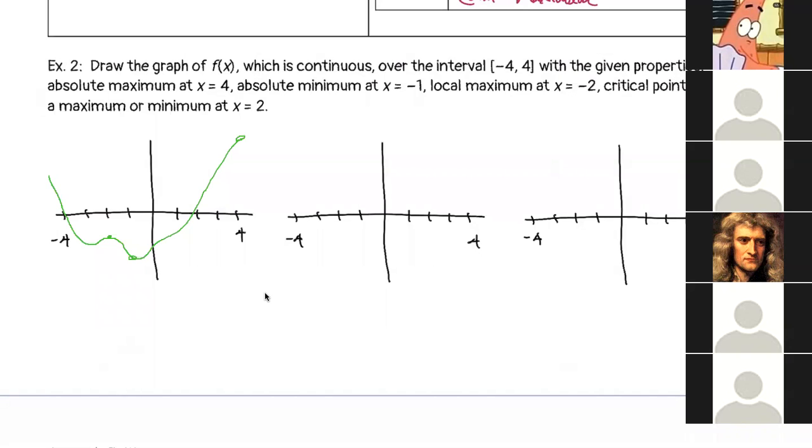So perhaps we have a graph that maybe looks like this, that the highest point, that absolute maximum, is a little bit lower than where Thea had drawn hers, right? And maybe that absolute minimum is somewhere that is a little bit higher than where her absolute minimum is, right?